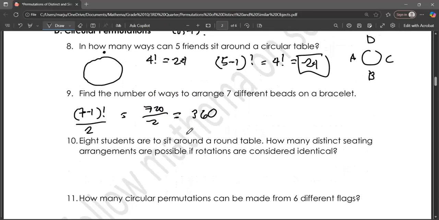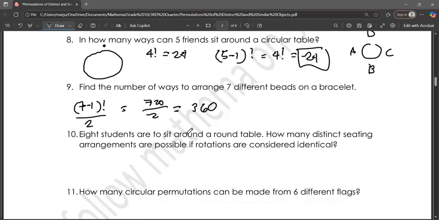Number 10. 8 students are to sit around a table. How many distinct seating arrangements are possible if rotations are considered identical? So again, since this is circular permutation, rotations are considered identical. So we're gonna say 8 minus 1 factorial.